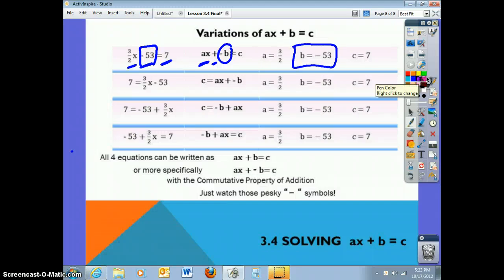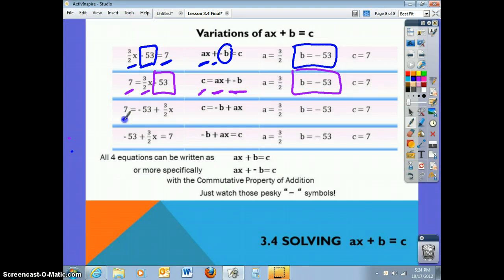All right, the next one, this is c, this is a, and again, this is b. B again is a negative 53 because this is in the form of c equals ax plus a negative b. Okay, so watch those negatives. All right, then we have a third one.